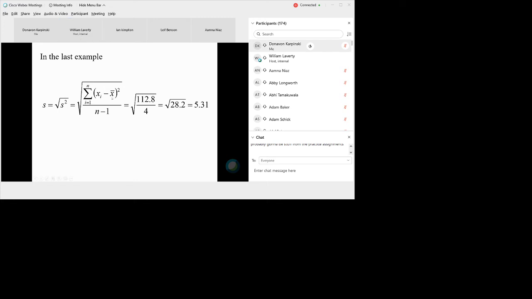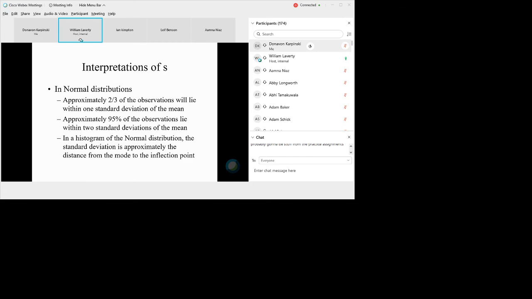The more spread out the observations are, the larger the term in the numerator under the square root symbol, the larger the value of s, the larger the value of s squared. Interpretations of s. For a normal distribution, approximately 2/3 of the observations lie within 1 standard deviation of the mean.